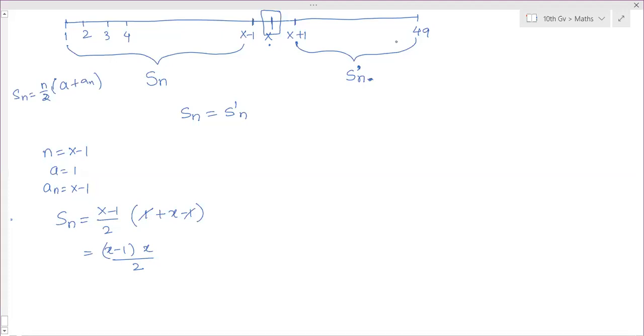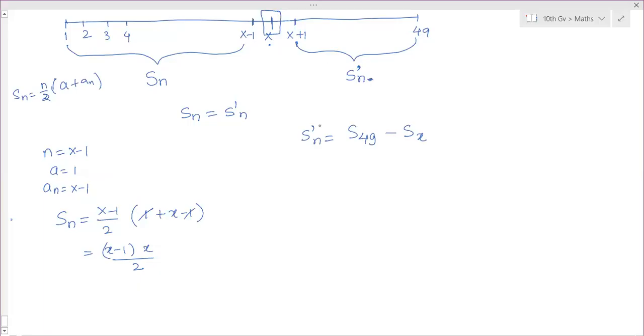Clear? Is it clear? Yes ma'am. So S49 minus Sx we have to calculate. Till the house number x sum we have to subtract from the total sum. Then we will get the remaining parts as sum.